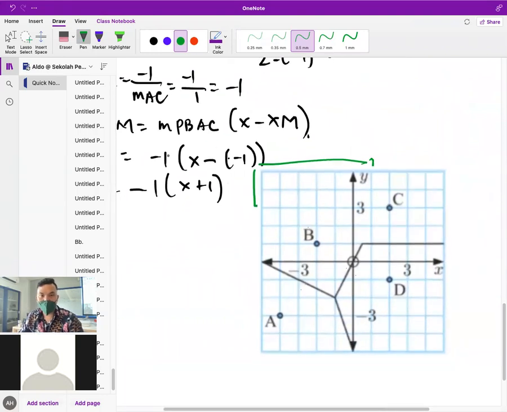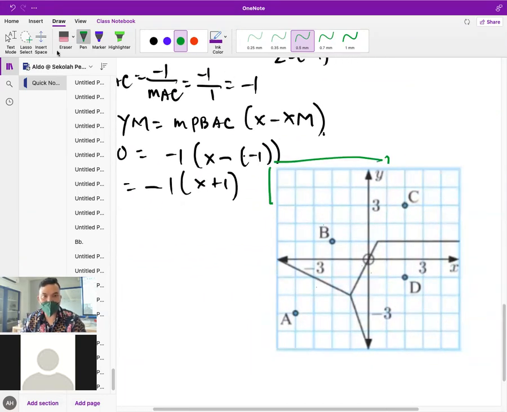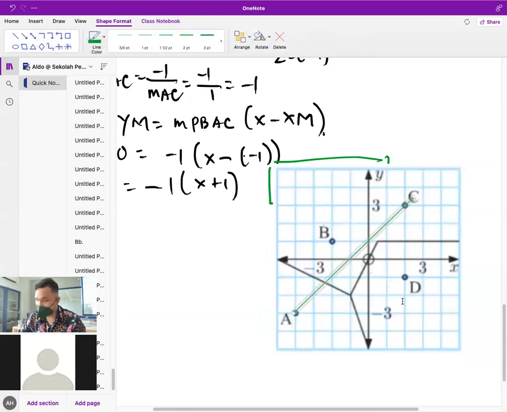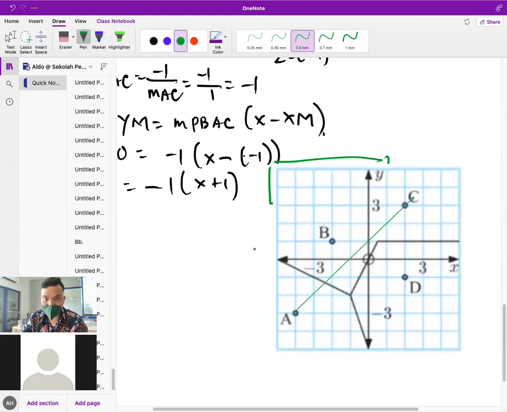Okay. And then this equation y is equal to minus x plus 1 is basically around, okay. AC is this. This is AC, the gradient AC. And the line is here, the midpoint is here.